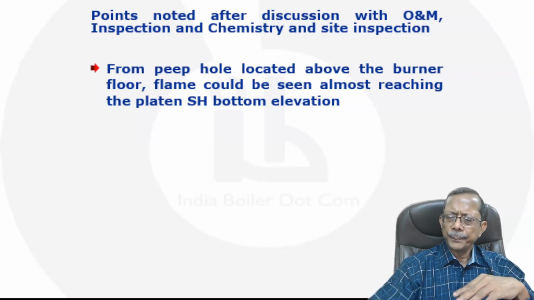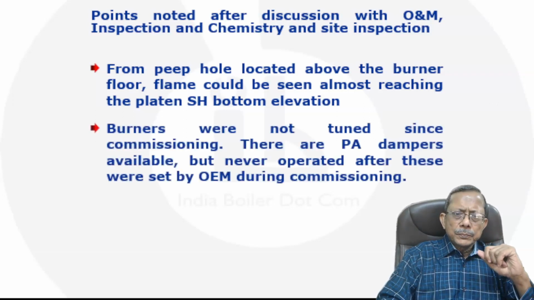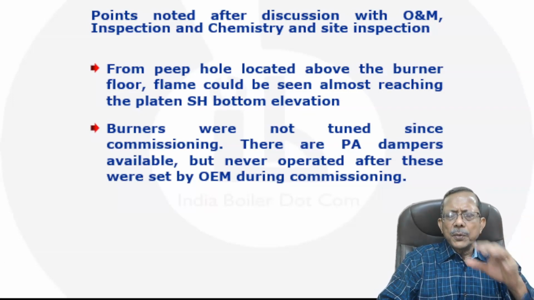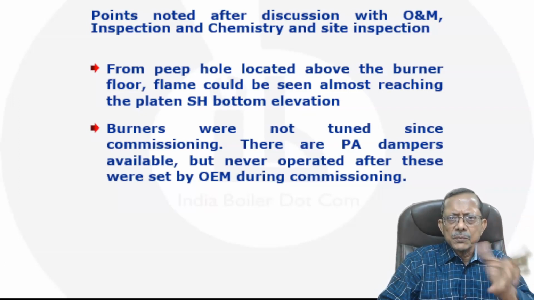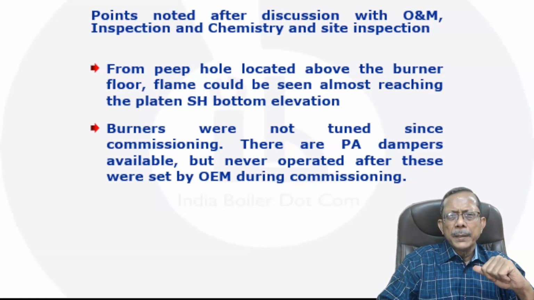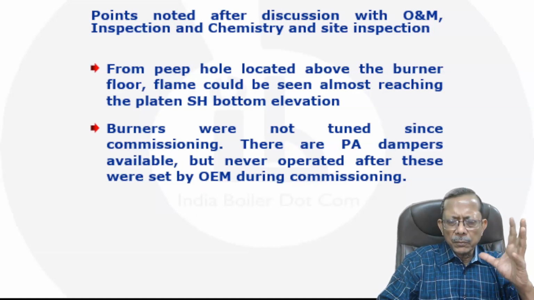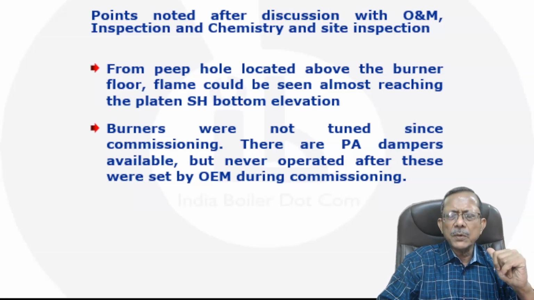Now, if there is a combustion problem, then the first question is whether the burner is properly tuned for combustion. So I asked them when they last tuned the burner, and they said that whatever the OEM did at the time of commissioning, after that we have not touched it.